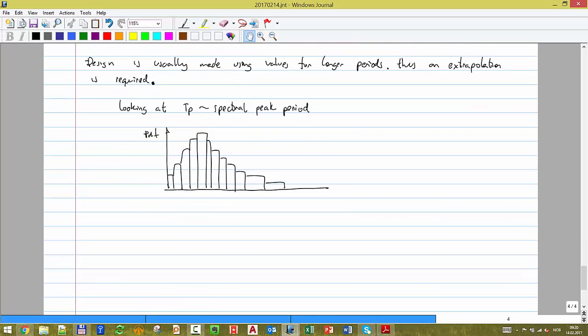With that distribution, you can make the cumulative distribution of wave height, and you get maybe something like this, up to 100%.